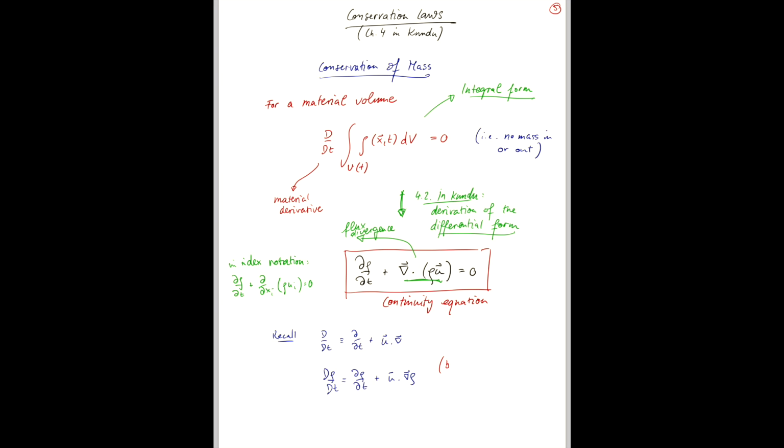And now we can write the divergence of rho u as rho grad dot u plus u dotted with grad rho. And so you can see that this term here is the same. So really, u dotted with grad rho is just the divergence of rho u, which is the divergence of mass flux, minus rho divergence of u.